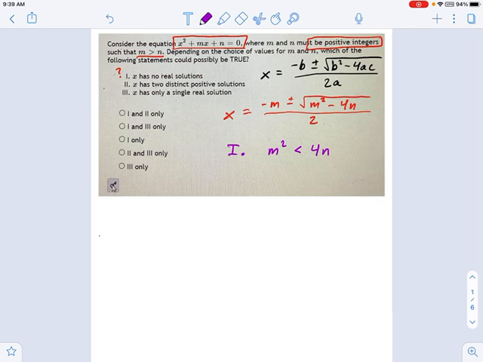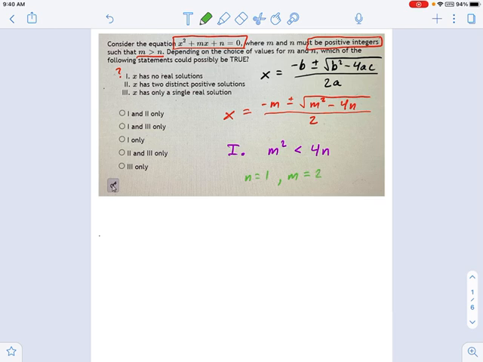Well, is that possible? If you think about m and n, they're positive integers, and m is greater than n. So what sort of positive integers have m greater than n? Well, the smallest positive integer would be 1. So let's say, I'm going to do a bunch of conditions here. Okay, let's first start with n equals 1 and m equals something greater than 1, let's say 2.